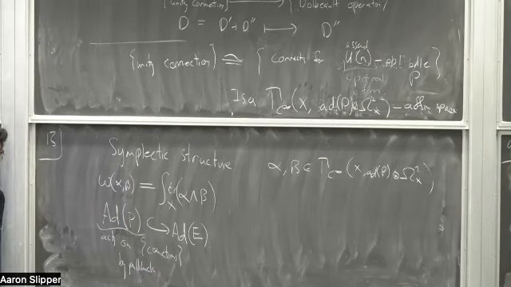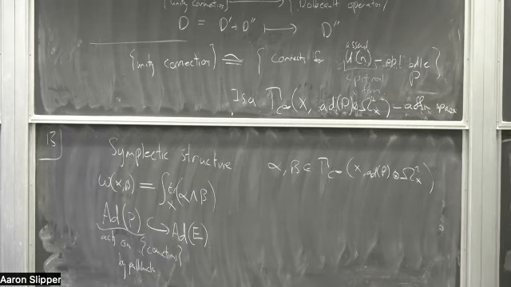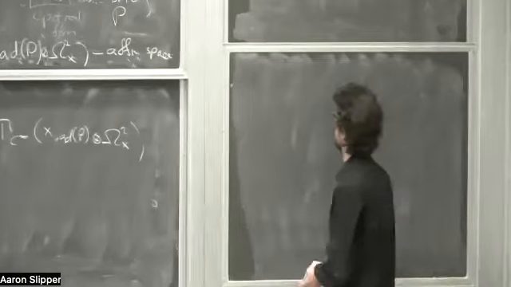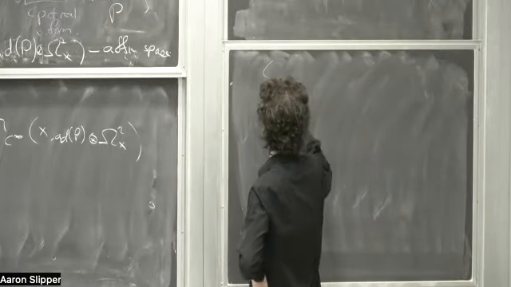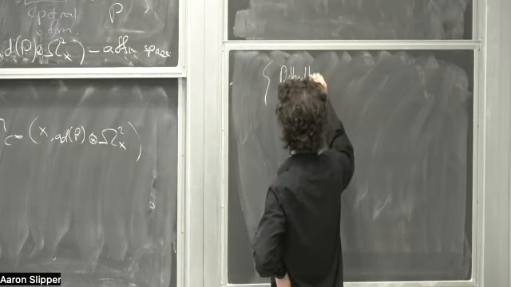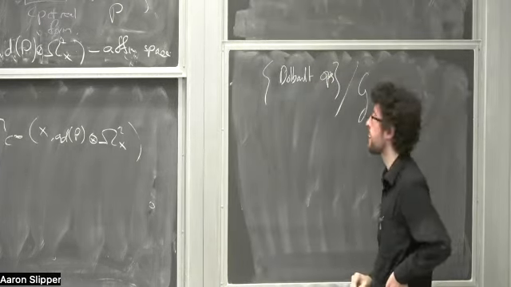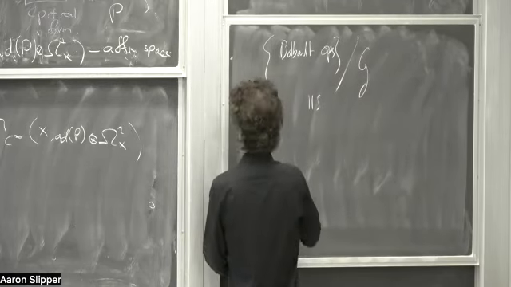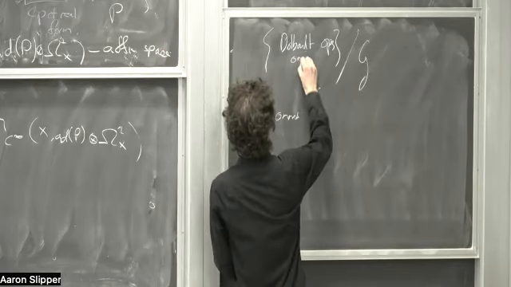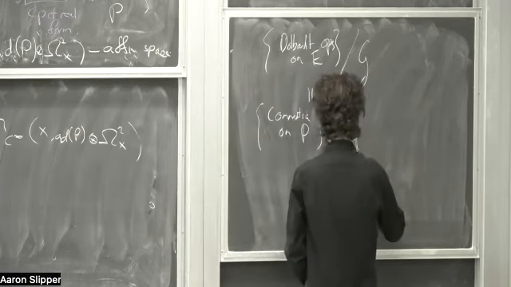Okay, so what's the large scale structure? The large scale structure is that we have Dolbeault operators modulo the complex gauge group G. This is isomorphic to unitary connections on P modulo the real gauge group.